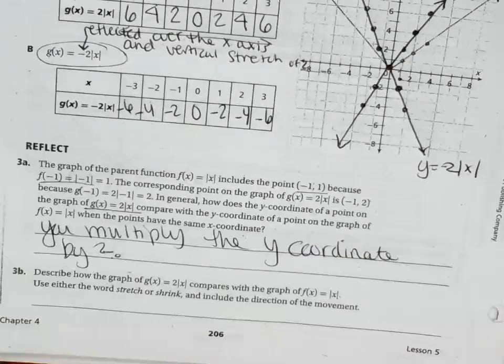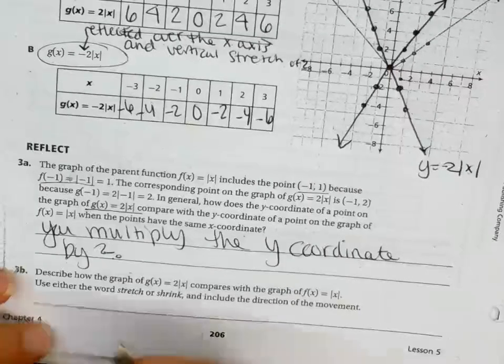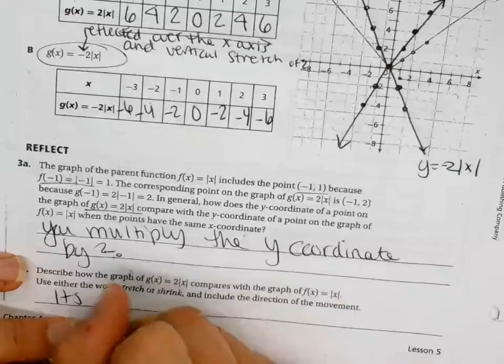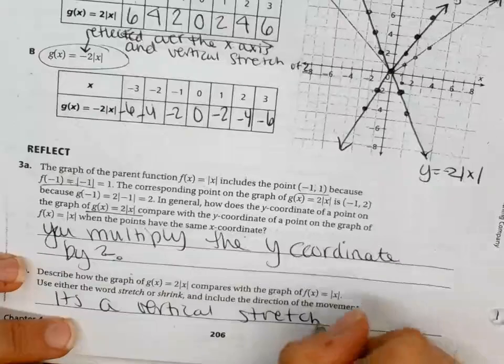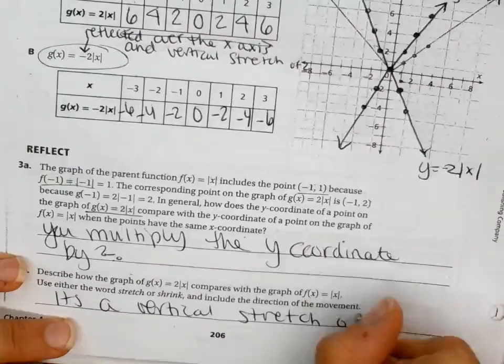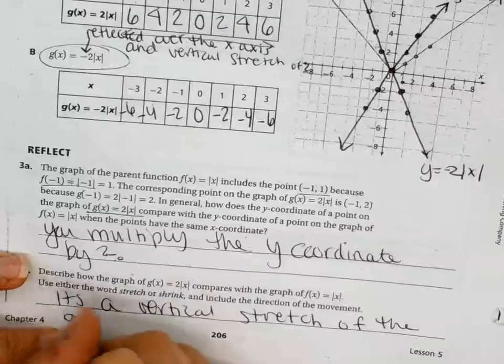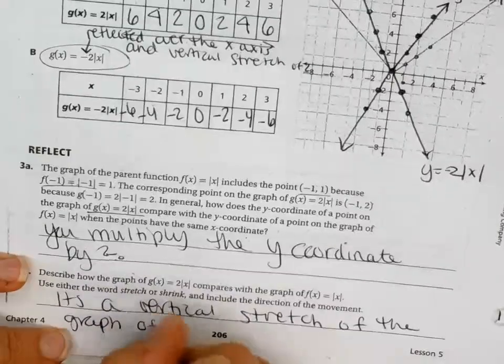Describe how the graph of g of x equals 2 absolute value of x compares to the graph of f of x. Use the word stretch or shrink and include the direction of the movement. So it's a vertical stretch of the graph of f of x.